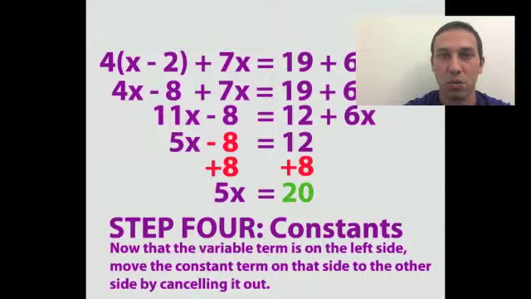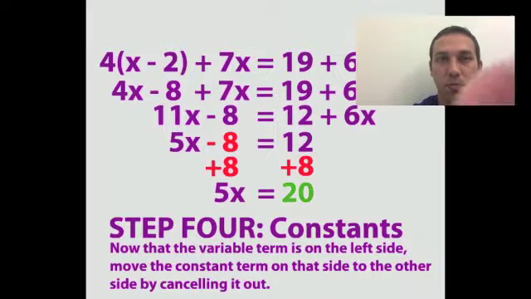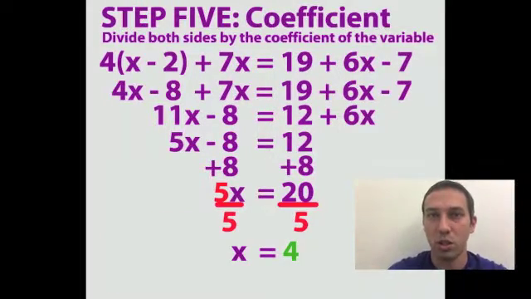Now, just like you did with the variable, you can perform the opposite operation to cancel out the constant term that is on the same side as the variable, moving it to the other side of the equation. At this point, you should have your variable term on one side of the equation all by itself and a constant on the opposite side of the equation.